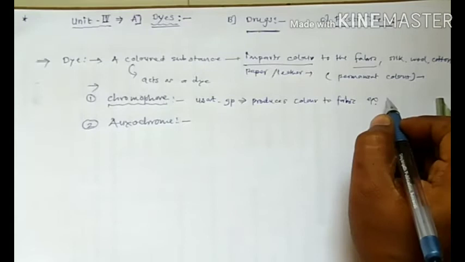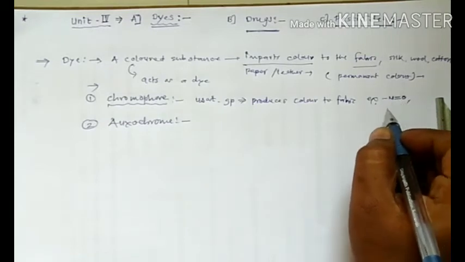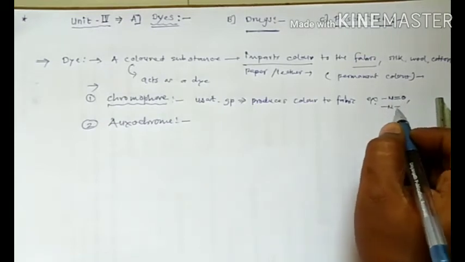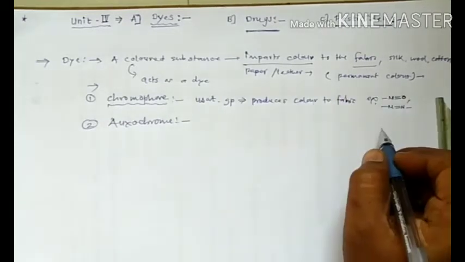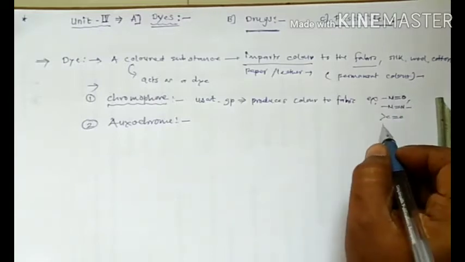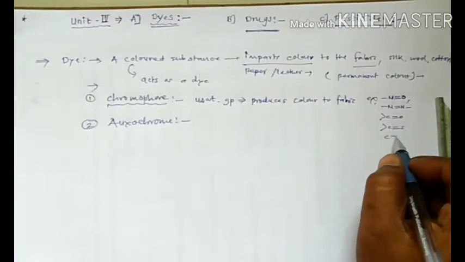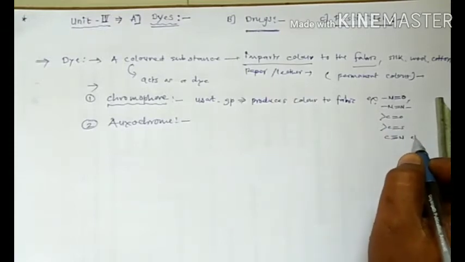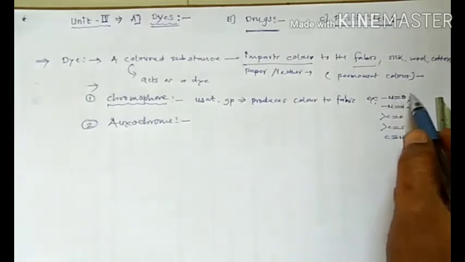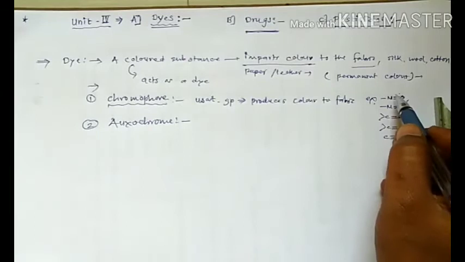For example, you can have here N double bond O. This is N double bond O, an unsaturated group or not? N double bond N, C double bond O, C double bond S, C triple bond N, etc. So these are the unsaturated groups which impart color to the fabric.